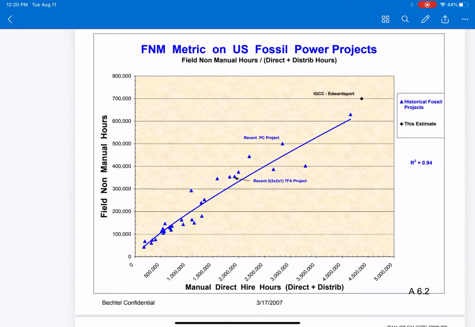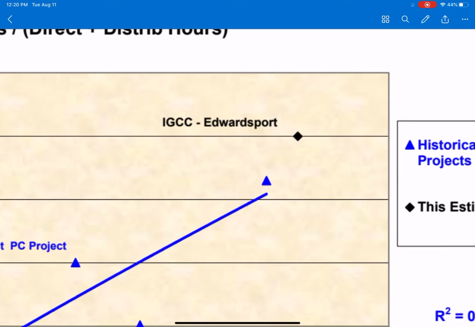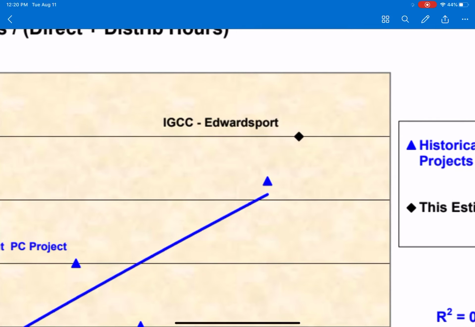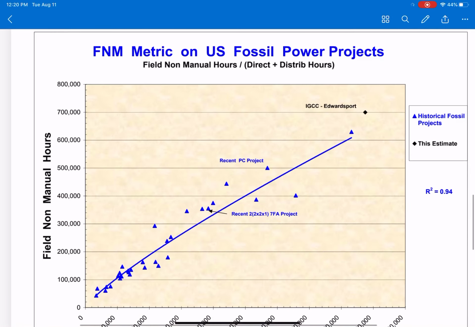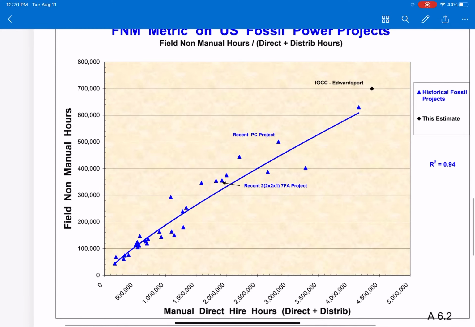As you can see, there is a relationship here, and that is very important because hours are money. So they have to plan accordingly, based on the historical projects that we have here. The project that they study is the Edwardsport IGCC, which is an extrapolation, and because it is a big project, they can roughly estimate what the direct hours and indirect hours should be.